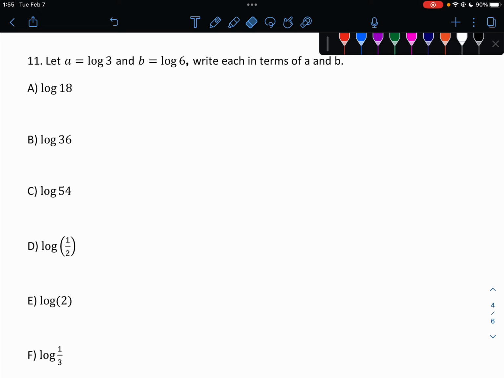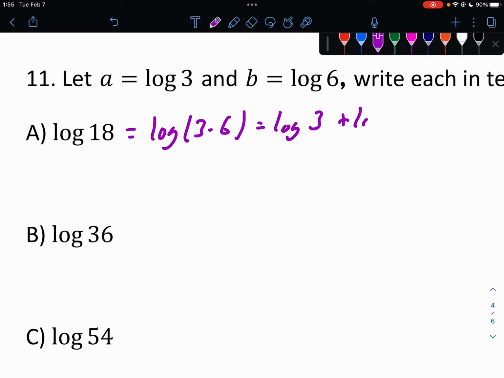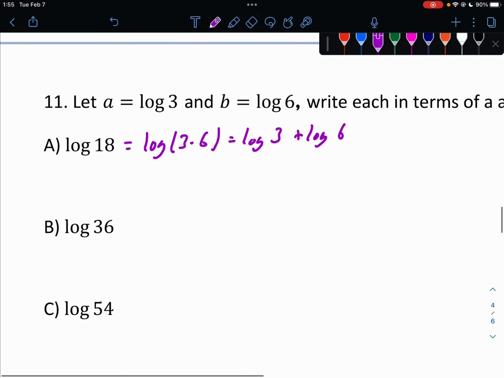So 18, we want to get everything in terms of 3 and 6. If we can get everything in terms of 3 and 6, we're in good shape. So this would be log of 3 times 6, which I can rewrite as log 3 plus log 6. And now we have A plus B, which is what we want.